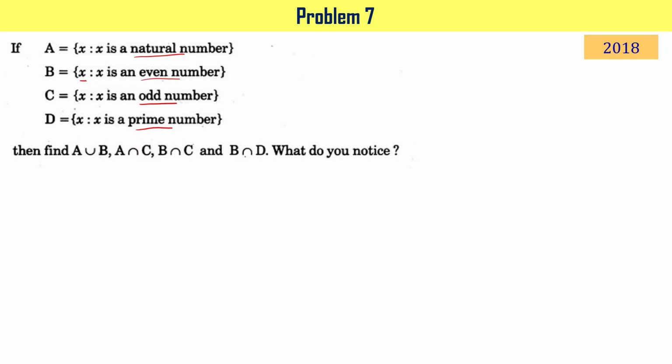A is a set of elements X such that X is a natural number. It means I can write A as set of elements 1, 2, 3, 4, 5, 6, 7, 8, 9, 10, and so on, right? These are natural numbers. B is a set of even numbers. Let's write that. 2, 4, 6, 8, 10, 12, and so on is set B. Set C is a set of odd numbers.